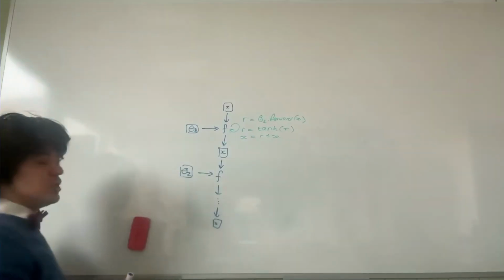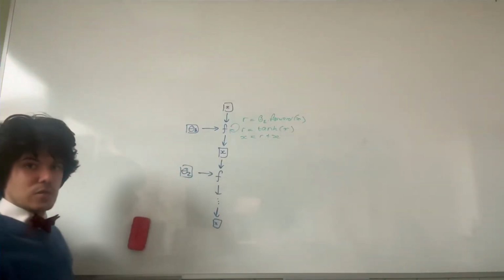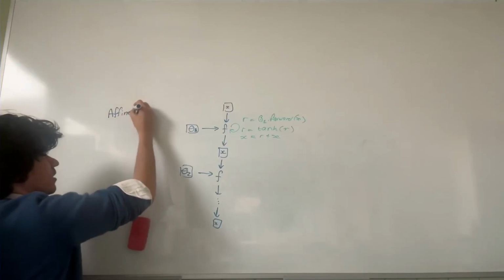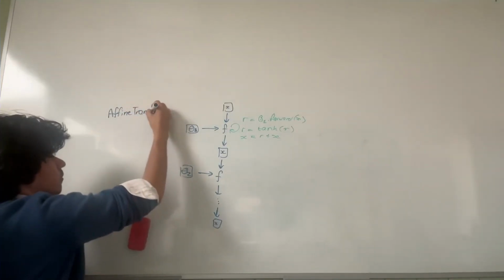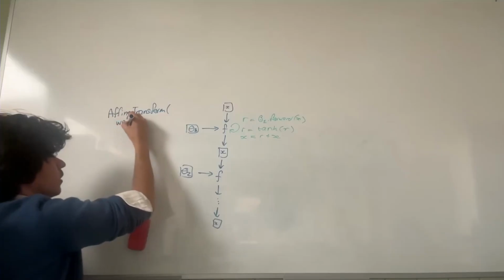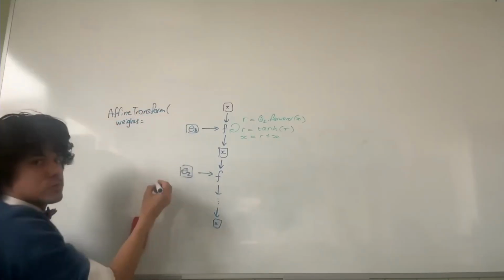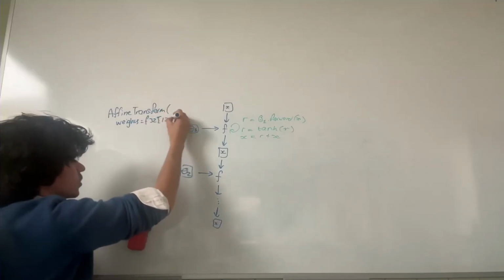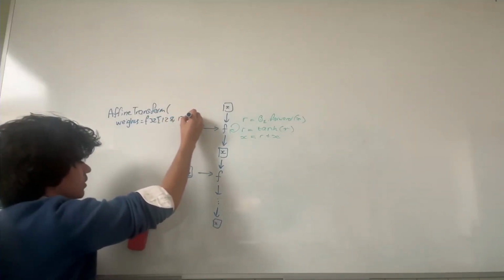So at the moment, an individual layer is a PyTree that looks like this. It's an affine transform, which has weights, which is equal to a float32 array of 128 by 128.